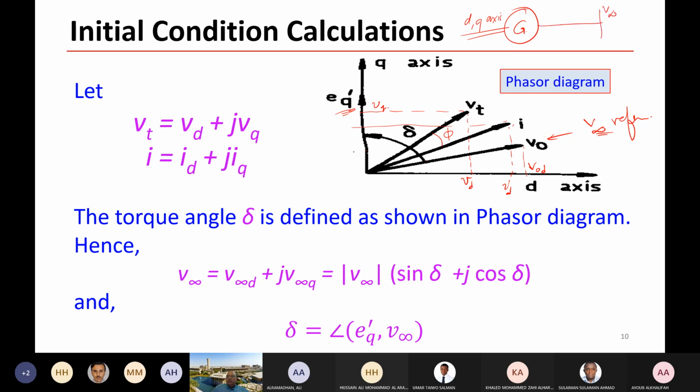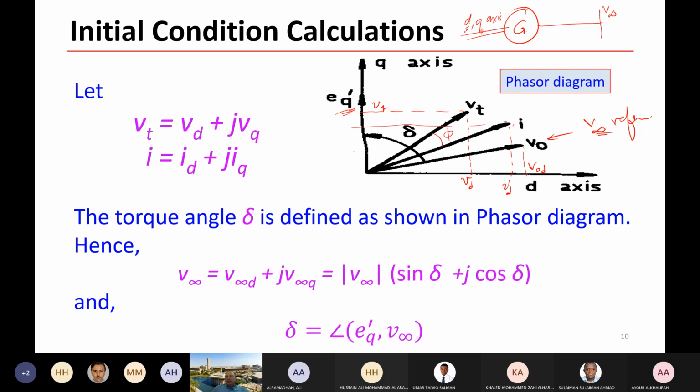If you still remember, the Dx or Qx are related to what for that machine? Dx is the axis of the field winding, right? So this is the field winding axis. Am I right, Hussein? You still remember this? Yes, Doctor. This direct axis is related to the machine.